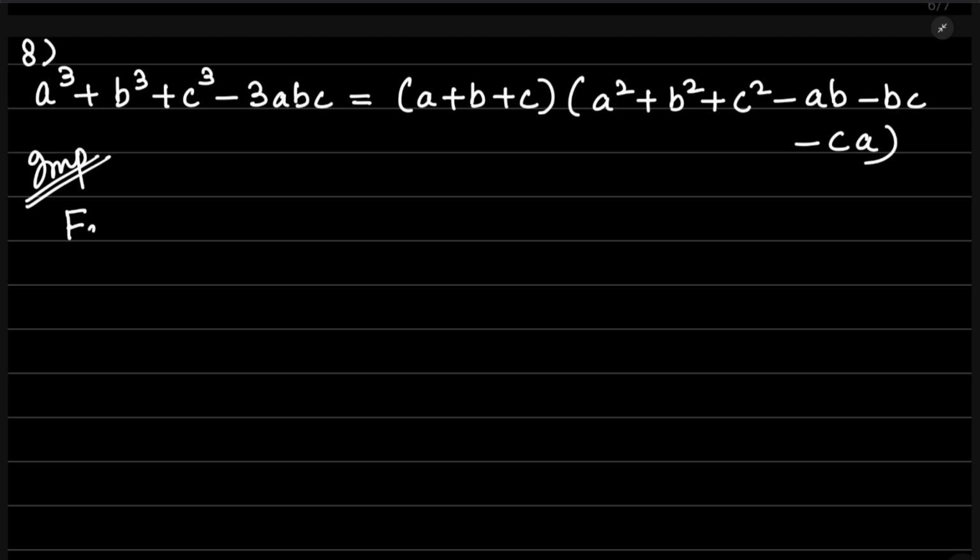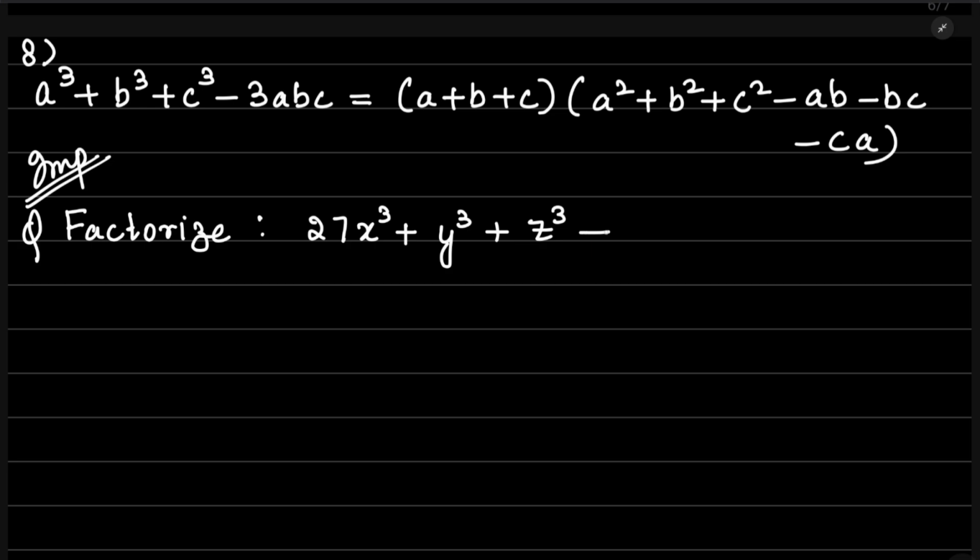Let's do a question. The question is: factorize 27x cube plus y cube plus z cube minus 9xyz. Let us first write it in the form a cube plus b cube plus c cube minus 3abc.